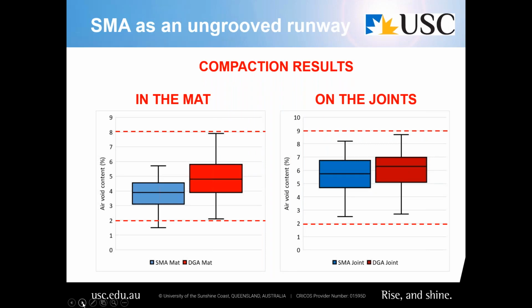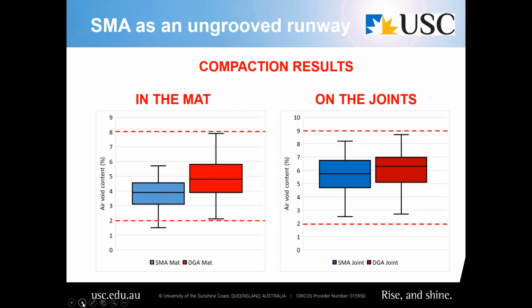So out in the field, after we've paved it and compacted it, we tested the air voids. We were quite interested to understand and make sure that that difference in the air voids at mix design time was also being reflected in the field. And again, the stone mastic is in blue, and the dense graded that we're used to is in red.